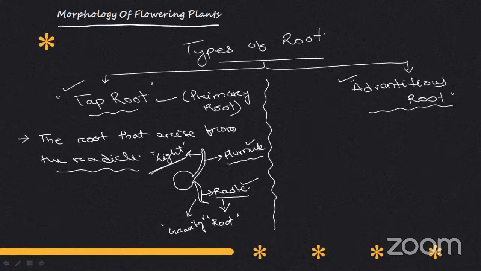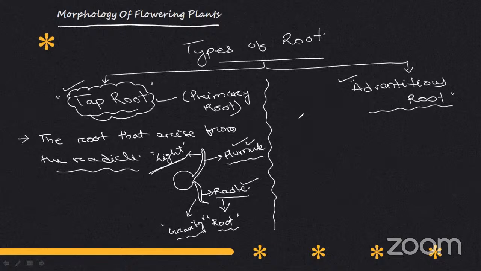The part that moves towards the light is called your plumule, and the part that moves towards gravity is called your root. So if the root is formed from the radicle, then that is called your tap root, or the main root.